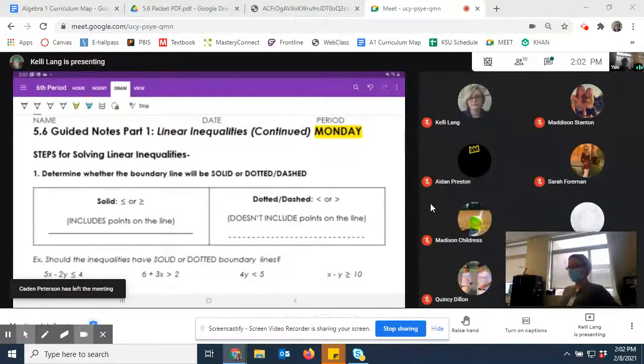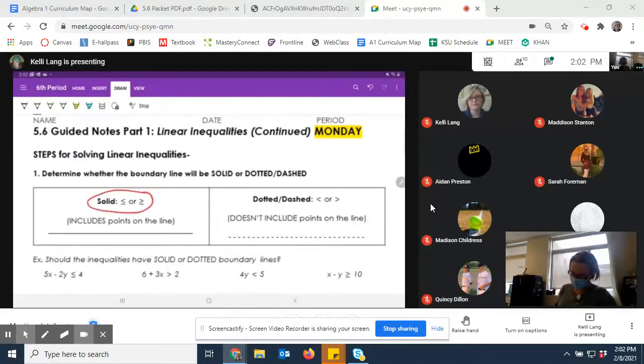So the first thing we need to consider is the symbol that's in the equation. If our symbol has equal to components, so like less than or equal to, or greater than or equal to, we're going to use a solid boundary line.